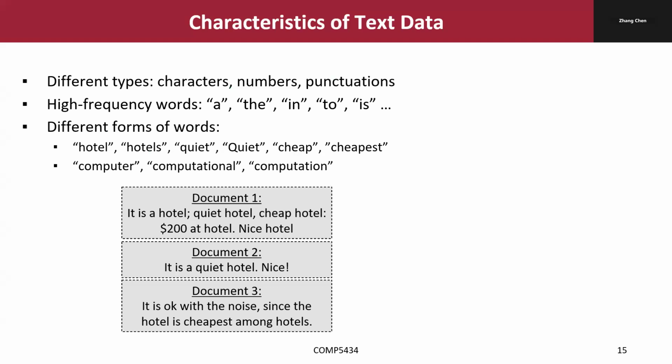So here are some characteristics of text data, okay? The question we think about is why text data is so difficult to analyze. This is essentially because of the basic characteristics of text data. The first difficulty is that the text contains many different things like letters, numbers, punctuation, and also emoji nowadays.